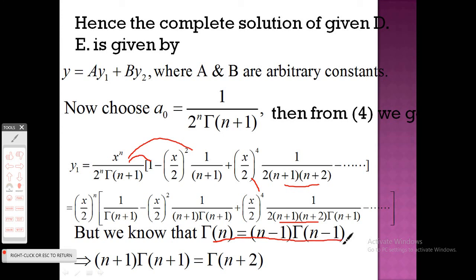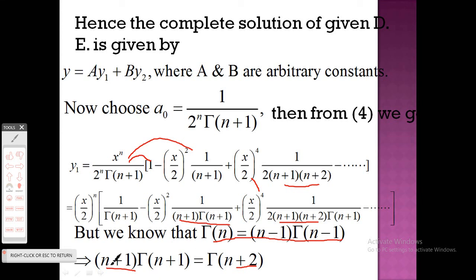Now we know the value of gamma n from the multiple integral chapter: Γ(n) = (n-1) Γ(n-1). So using this formula we can write (n+1) Γ(n+1) = Γ(n+2). When it is n minus 1, this is 1 more than that, that is n, the next value.